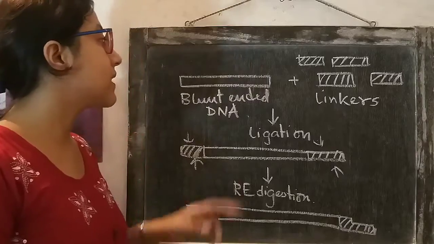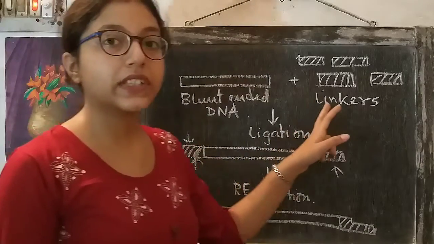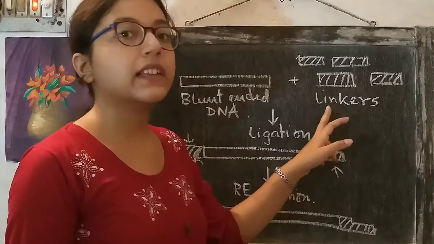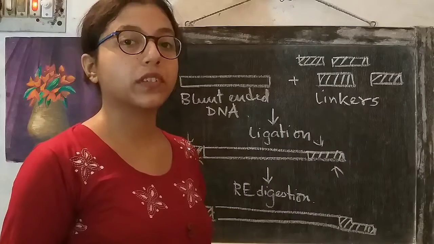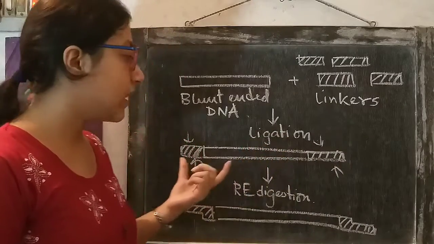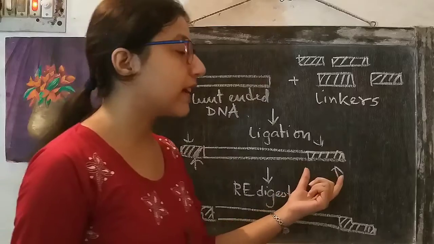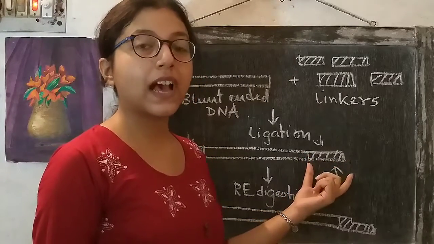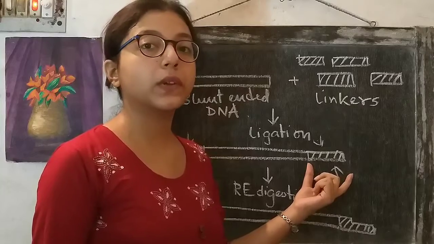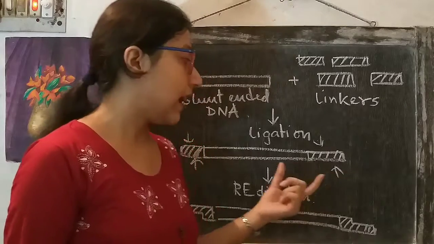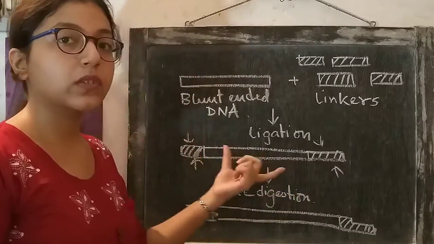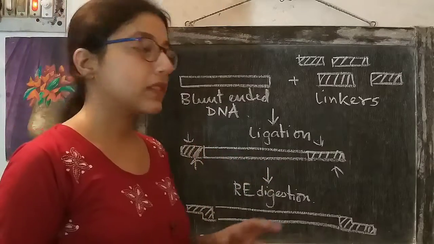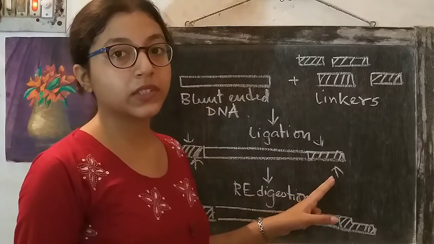So the concept is that blunt-ended DNA is treated with excess of linkers and a ligation reaction is performed. DNA ligase will link this blunt-ended DNA with the linker molecule, and this linker molecule has the recognition sequence for a particular restriction endonuclease. Now we treat this product with that restriction endonuclease.